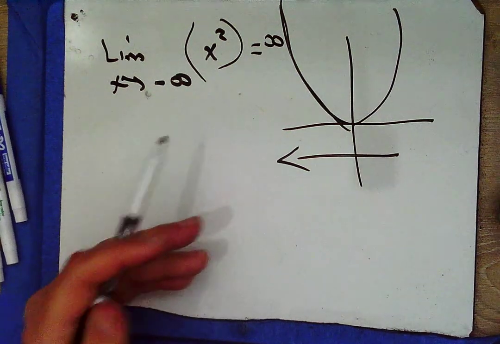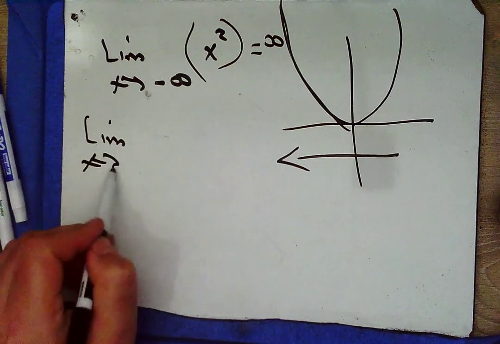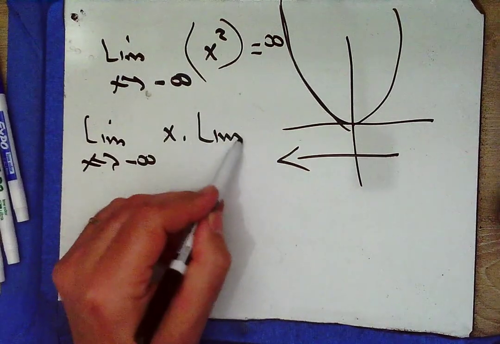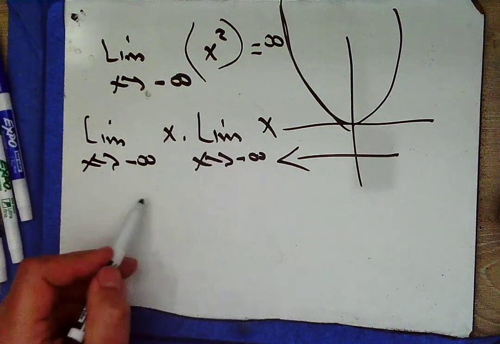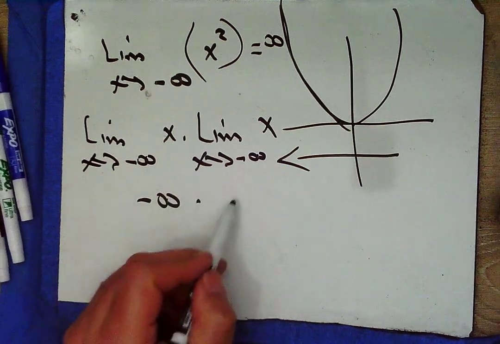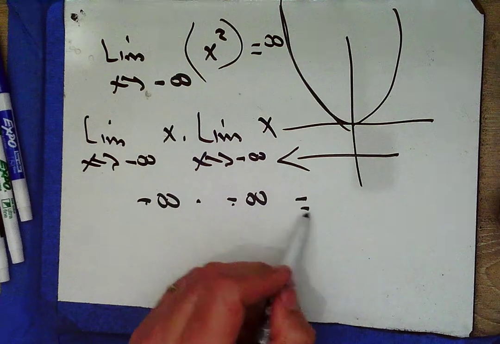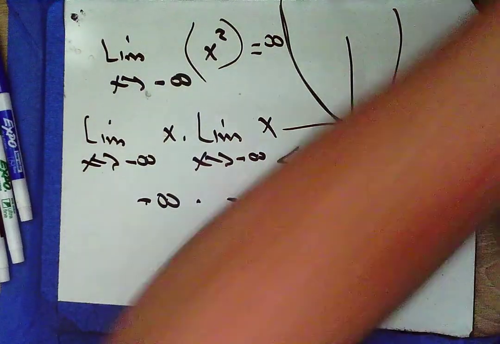But I know that I can also think about this as the limit as x heads to negative infinity of x times the limit as x heads to negative infinity of x. And some people want to be thinking about this as negative infinity times negative infinity, and therefore a negative times a negative is positive infinity. I find it nice when math can have internal consistencies like that. All right, so next.